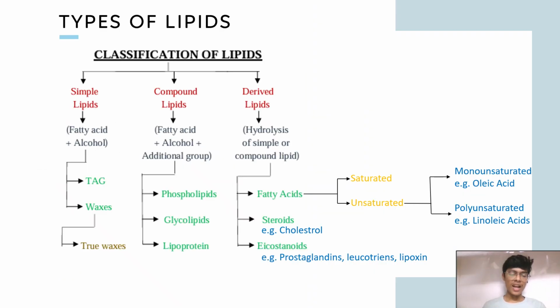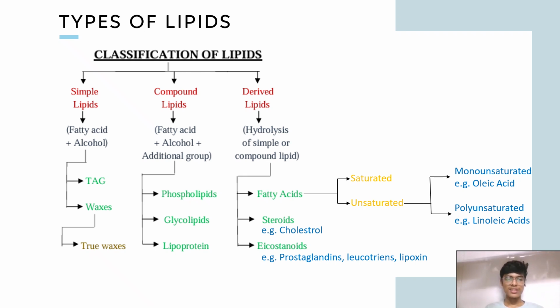As I have mentioned earlier, lipids are classified into different types on the basis of their basic structures. The basic three types of lipids are simple lipids, compound lipids, and derived lipids. The first one is simple lipids, in which the fatty acid is attached to alcohols.